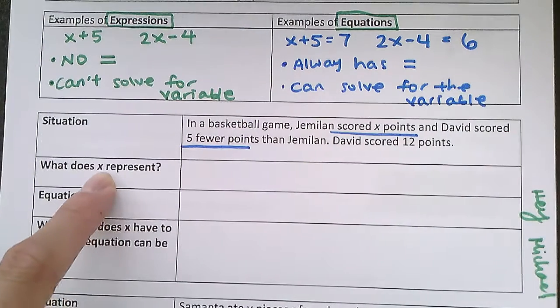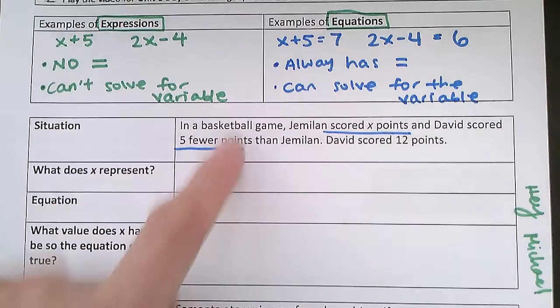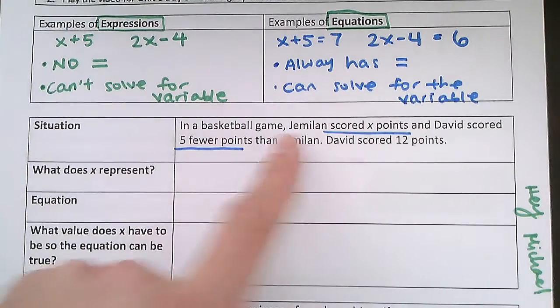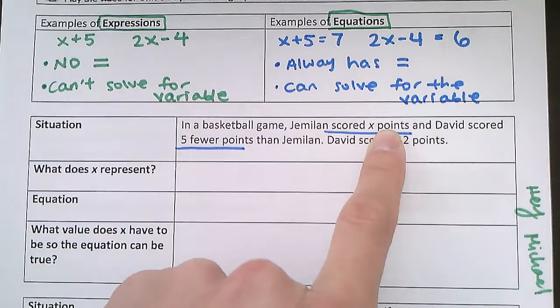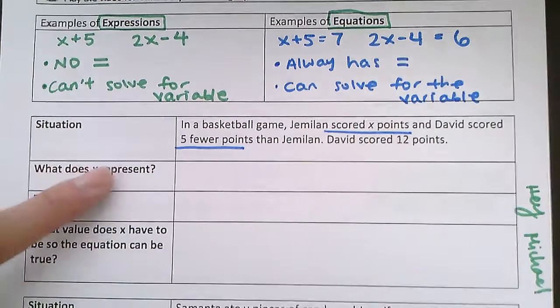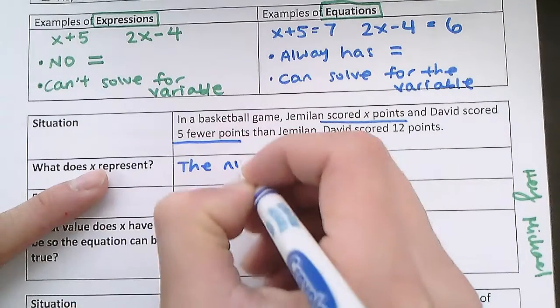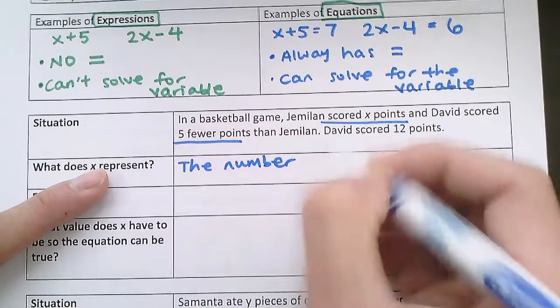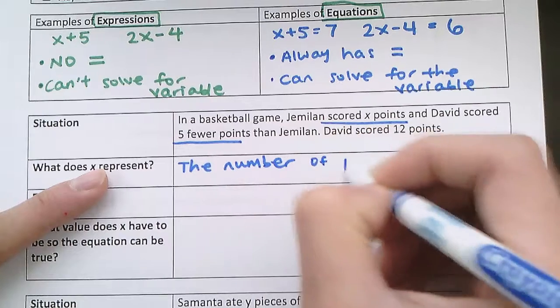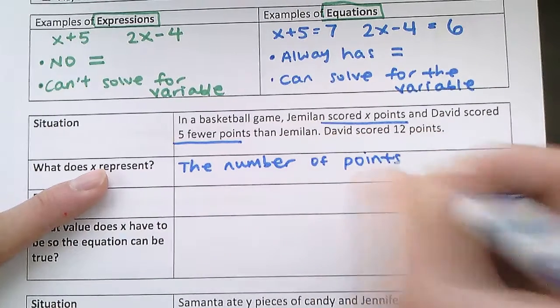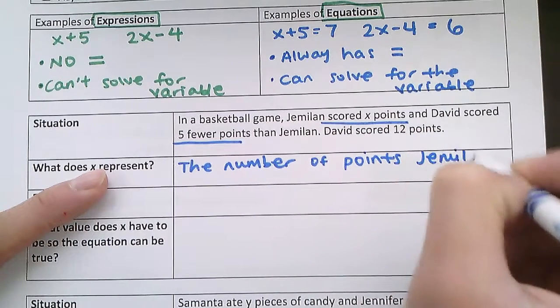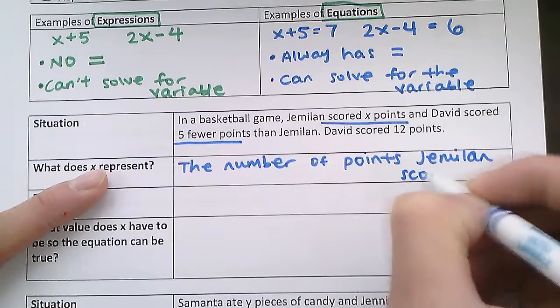So what does X represent? Well, we'll go back into the text and reread the part. Jamilan scored X points. So we know that X represents the number of points Jamilan scored.